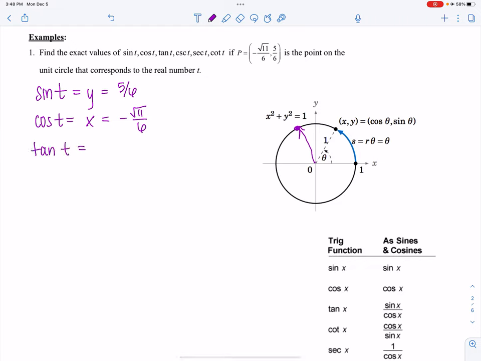Tangent. What do I know about tangent? Well, I know that tangent is sine over cosine, which represents y over x. And so I would take my y and put it over my x.